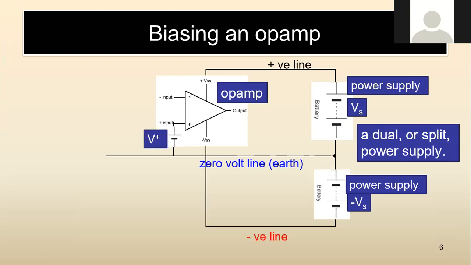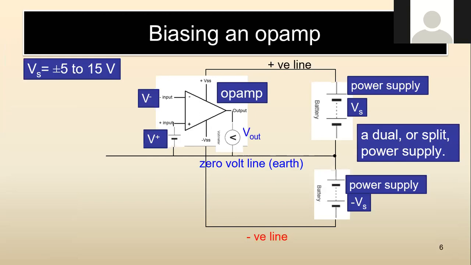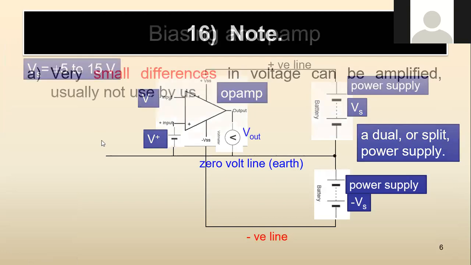Same with the non-inverting. We can put a battery there also. We put in a voltage, and then we can put a voltmeter to read our output. And we say that the power supply is usually from 5 to 15 volts. Very low power supply, so very low current also.